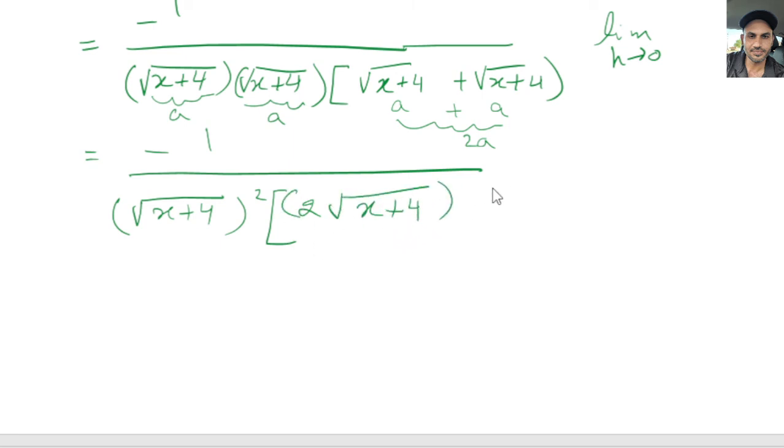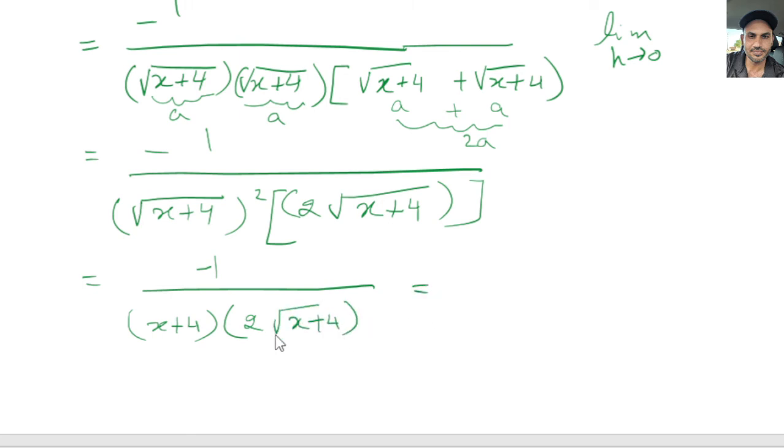Okay, so when we take the square, negative 1 on the top, and when we do this, we take the square, that undoes the square root, so we're just left with x plus 4. And here we are left with 2 square root of x plus 4.